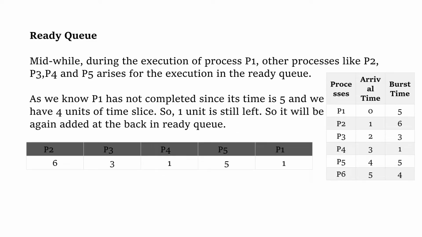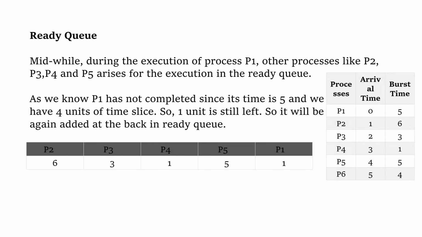Now, while P1 is executing, other processes like P2, P3, P4 and P5 will arrive for execution. While P1 is executing for the time quantum of 4 units, P2, P3, P4 and P5 arrive. They will be present in the ready queue.